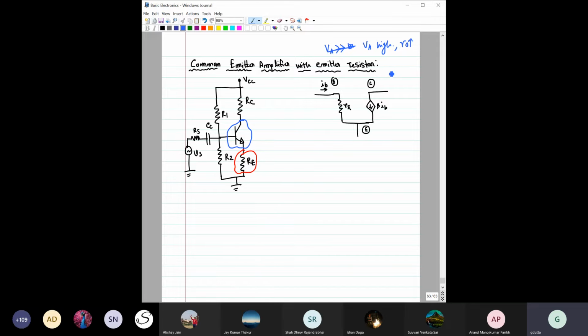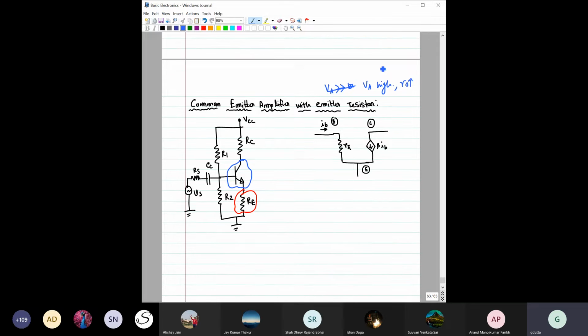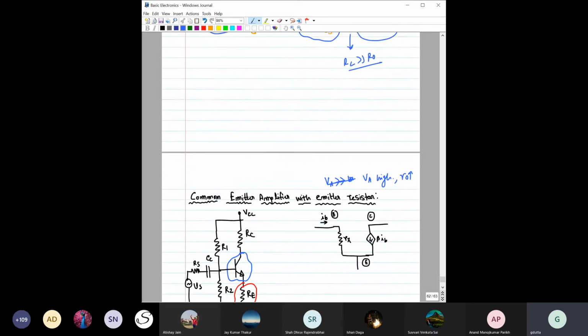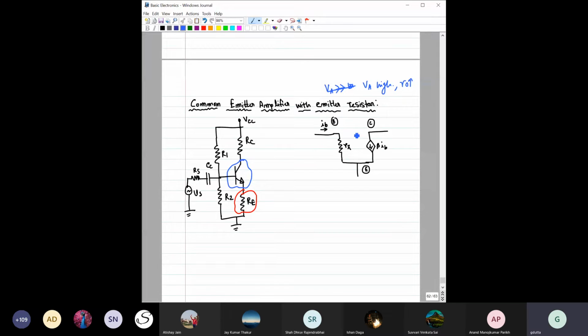Okay, and when this R naught is very high, we can actually neglect that, because you see from here, this R naught will come in parallel with RC, right? And in a parallel combination, the resistance will be determined by the lower resistance. So that way we can neglect R naught, and also that will simplify our analysis. See from here, we are not considering R naught here. Okay, so then this is the equivalent circuit.